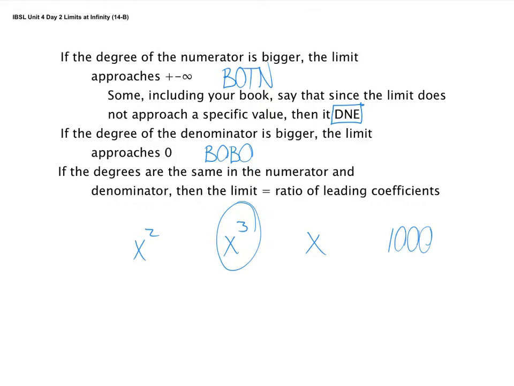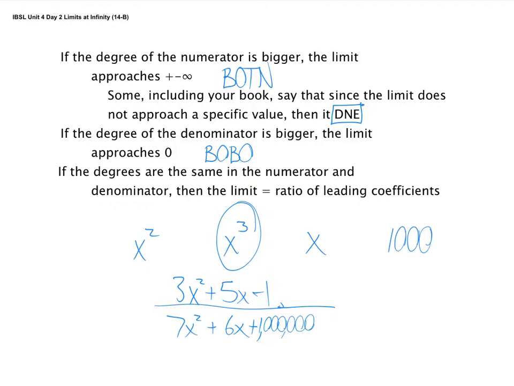So that's why when we look at something like 3x squared plus 5x minus 1 over 7x squared plus 6x plus 1,000,000, it doesn't matter that there's this million here, because when our numbers start to get big, the x squareds are so much larger than the rest that all of this really just becomes irrelevant.